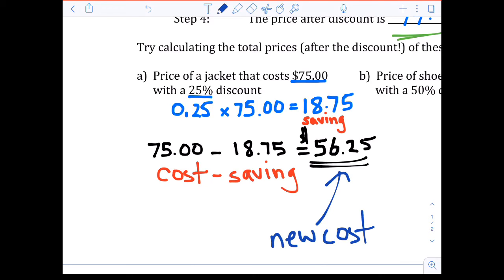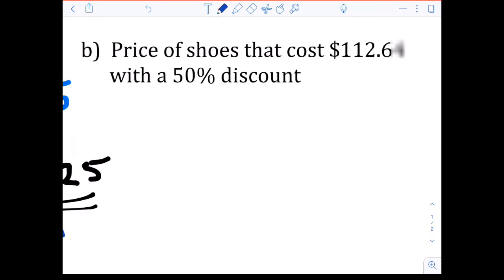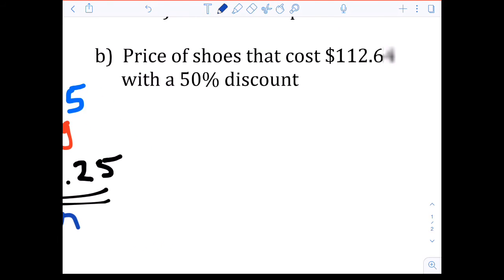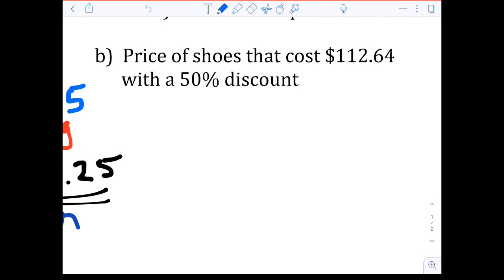I have 1 more to go, and I'll give you a chance to try some. So last one here is we're saving 50% of $112.64 on a pair of shoes. So 50% is 0.5.